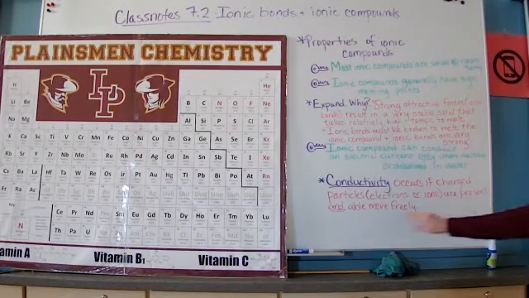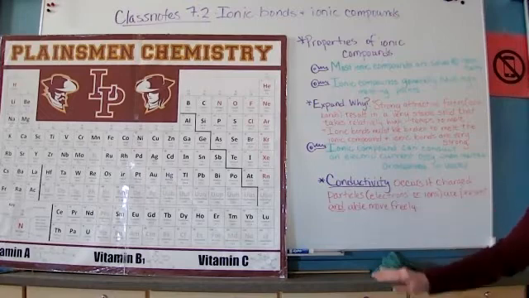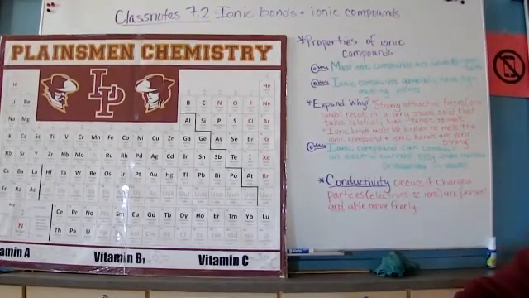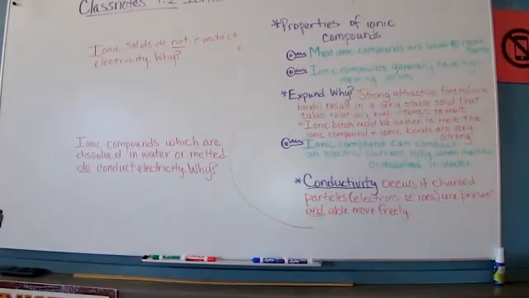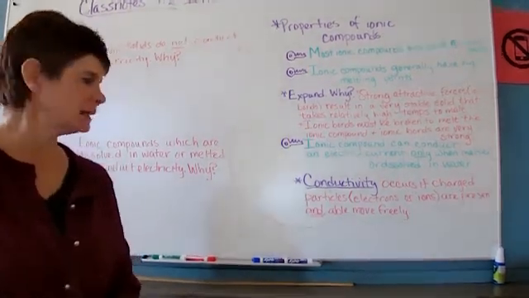They have to be present, and they have to be able to move freely. So if conductivity occurs if charged particles are present and able to move freely, let's consider ionic solids and the fact that ionic solids do not conduct electricity.